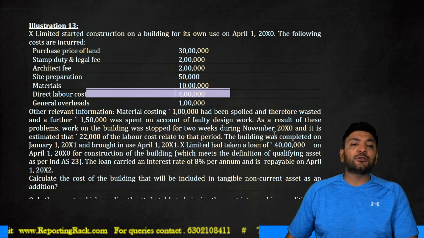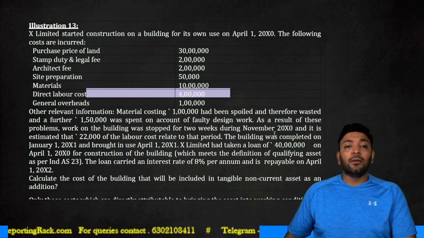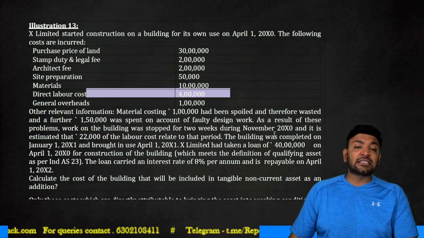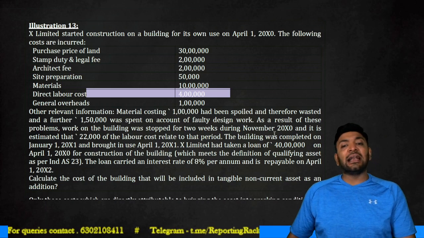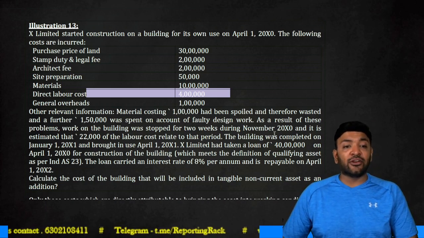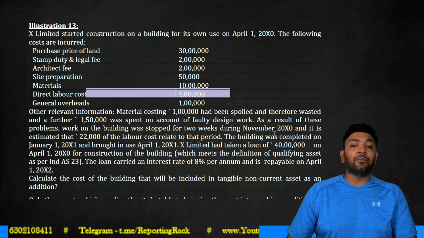As a result of these problems, the work on the building was stopped for 2 weeks during November 2010, and it is estimated that 22,000 rupees of labor costs relate to that period. Building was completed on 1st January 2011 and brought into use on 1st April.